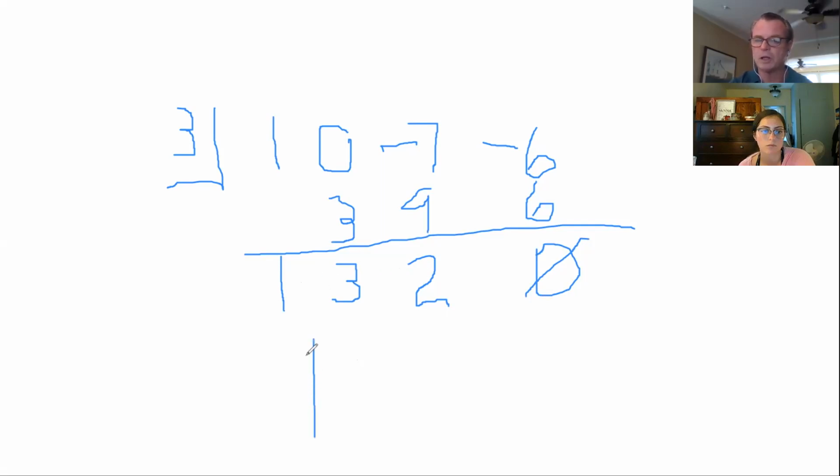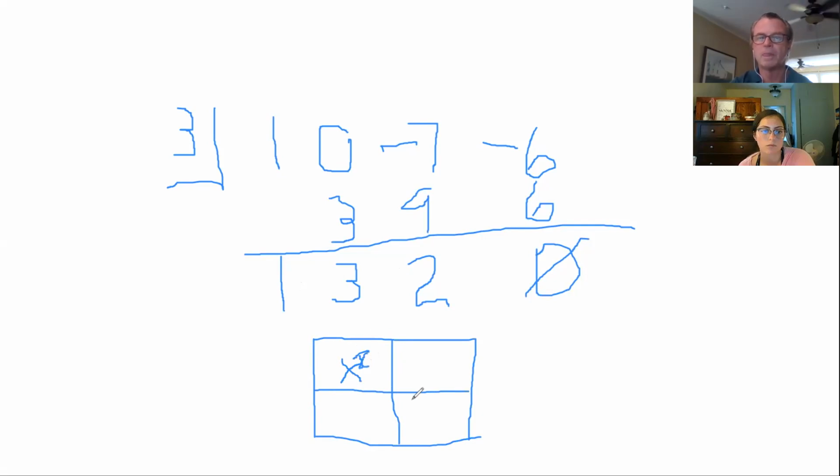So I can factor that with a lattice. My lattice would be, I have a quadratic here, x squared. The first term goes up here. Sorry for the penmanship. My last term goes here, and these two cells have to add up to 3x.